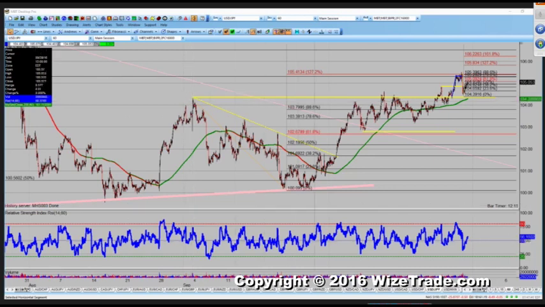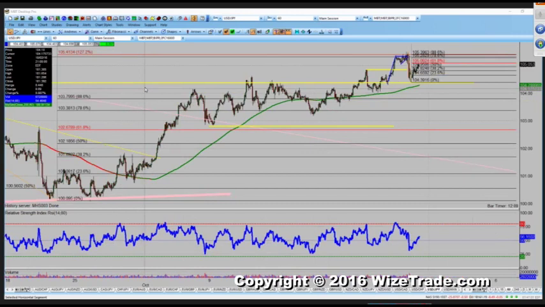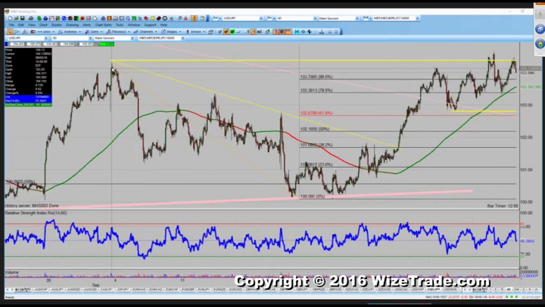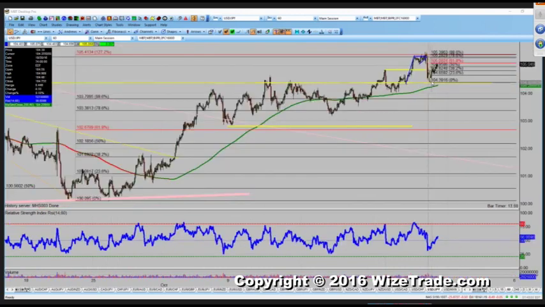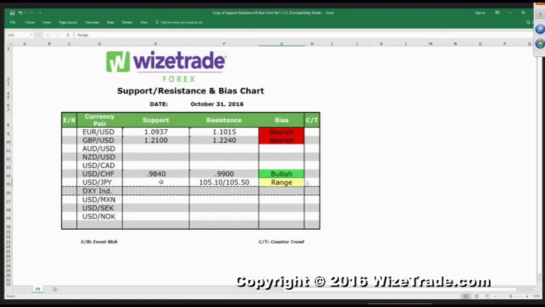Let me double check that. 104.30, okay. The low overnight was 104.40. So 104.30 is major support. While we trade above that 104.30, there's really no reason to be on the short side. Okay.